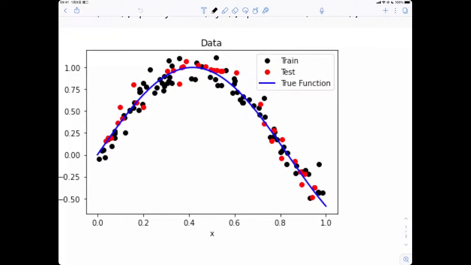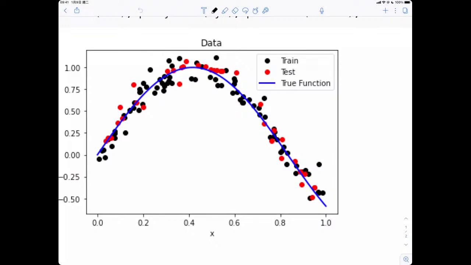Again, I would like to make an emphasis right here. Usually, when we do machine learning or neural networks, no matter what it is, we have an assumption, which is that the distribution of your training data set and your testing data set should be the same, or at least should be similar.